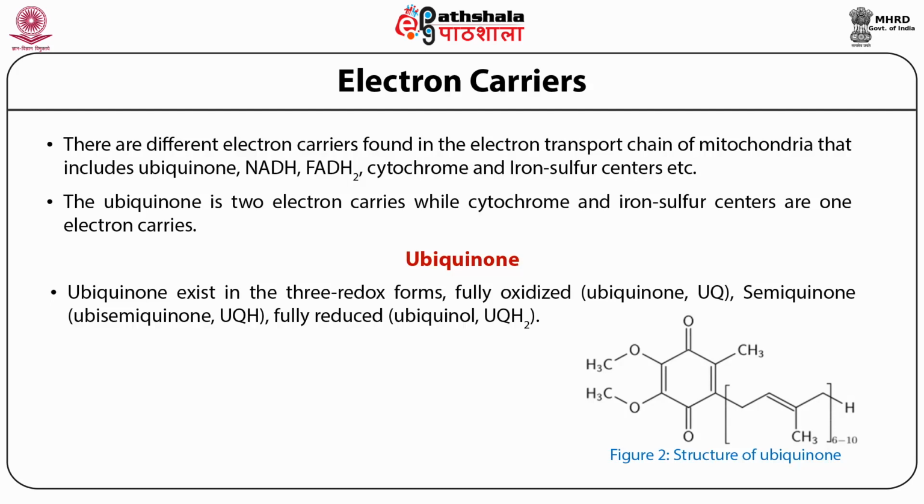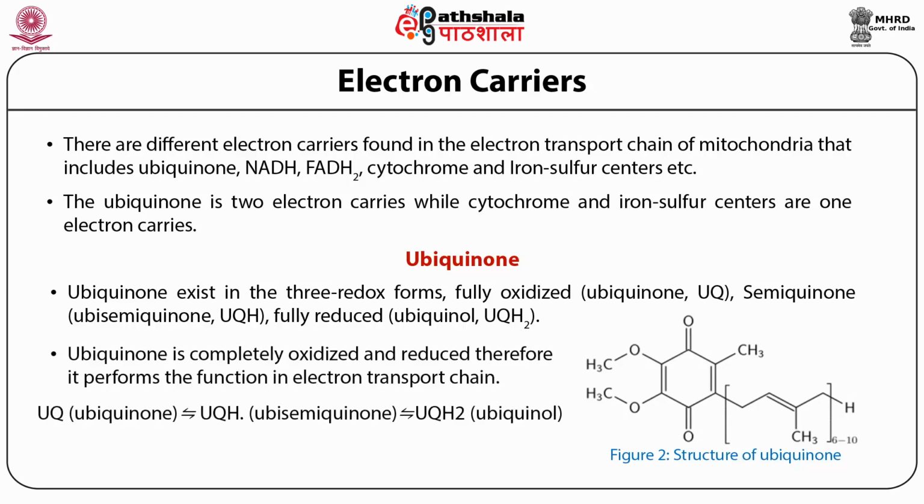That means if you want to convert fully oxidized ubiquinone into fully reduced ubiquinone, you need two electrons. That can come either from NADH, from FADH2, or any other sources. Ubiquinone is completely oxidized or completely reduced within the mitochondrial inner membrane.